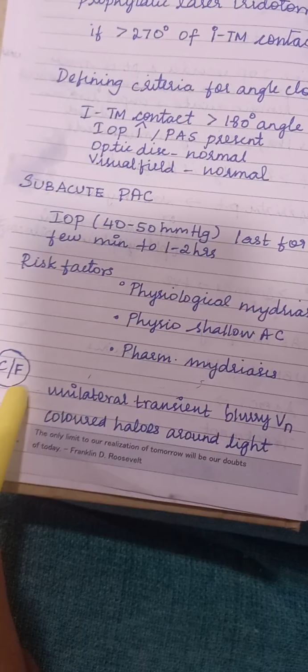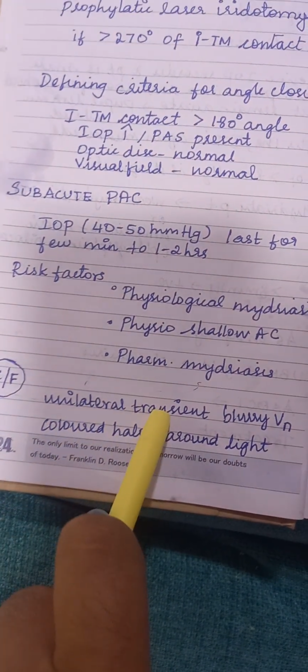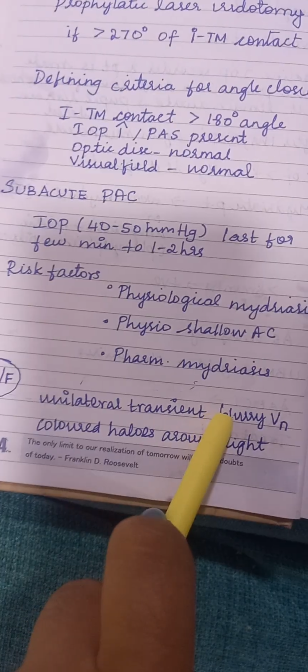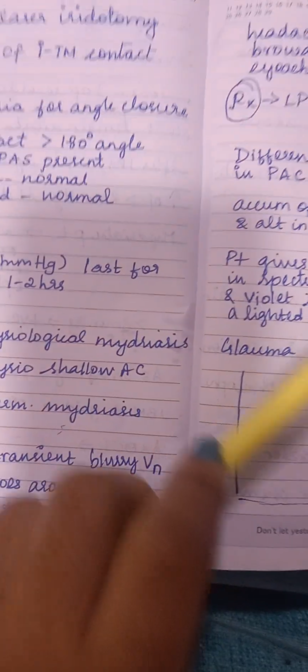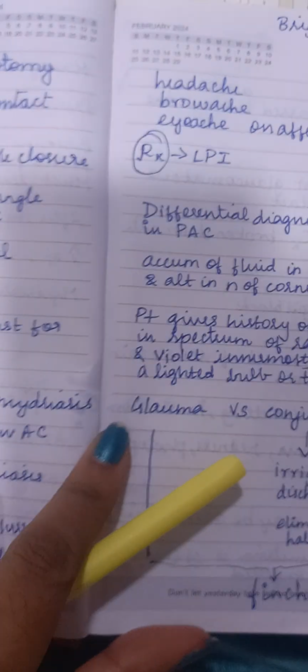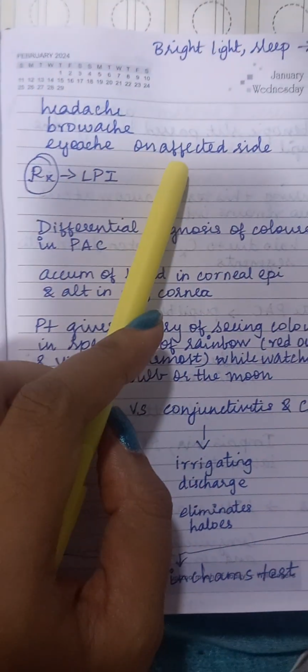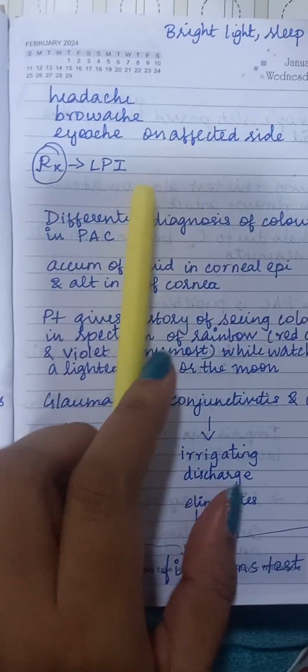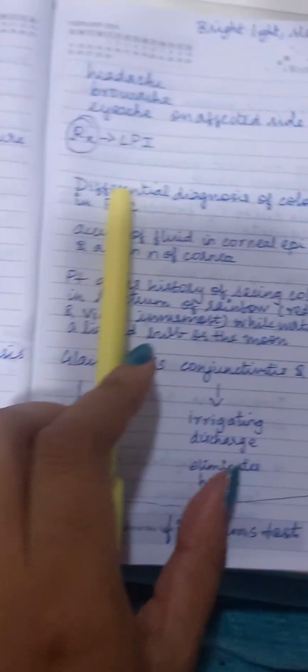Clinical features of subacute primary angle closure glaucoma are unilateral transient, meaning temporary, blurring of vision, colored halos around light, then headache, brow ache and eye ache on the affected side. Treatment for this is laser peripheral iridotomy.